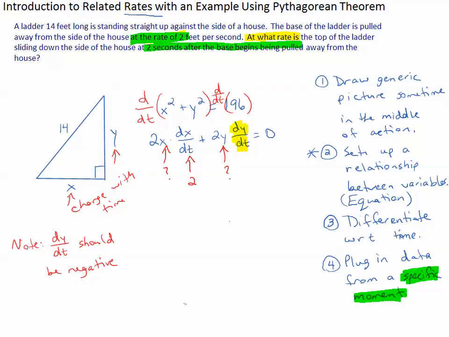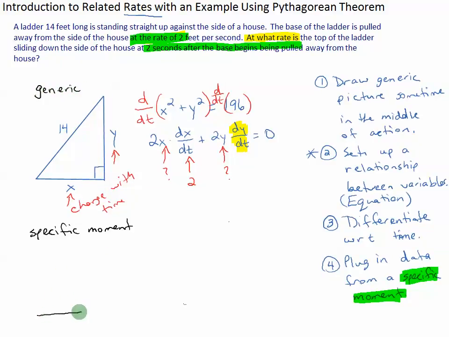So let's look at another right triangle. So this is our generic picture here. Now at a specific moment, at this 2 seconds mark, we still know this is 14, but if x is moving away from the side of the house at 2 feet per second, and it's done that for 2 seconds, it's traveled 4 feet, right?